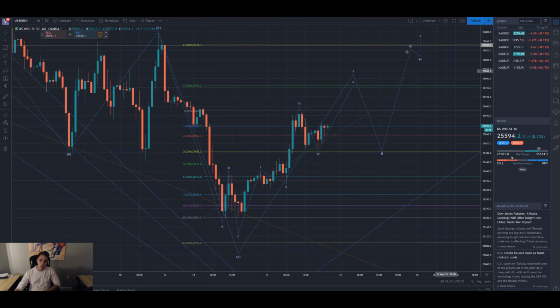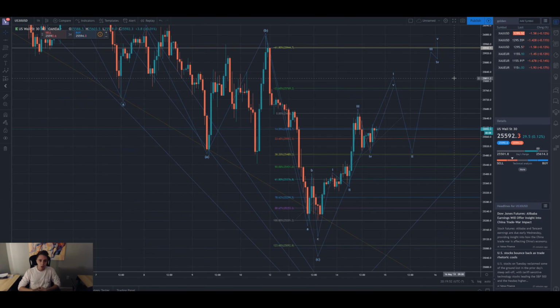So let me just place these here as a temporary placement, and not to say at all that this is going to be accurate. I do not think that these prices will be here. But what price is your gray line at? That's a good question. That would be at 25,942 on the 1-hour chart. And if you look at our algo target, this is also our algo target 2 from the 3rd wave structure up.